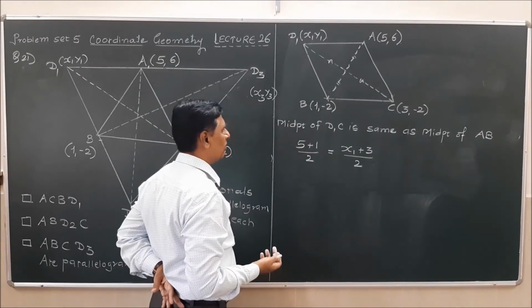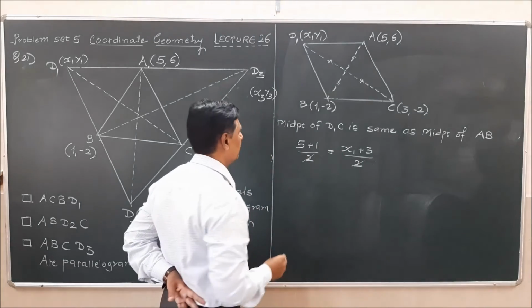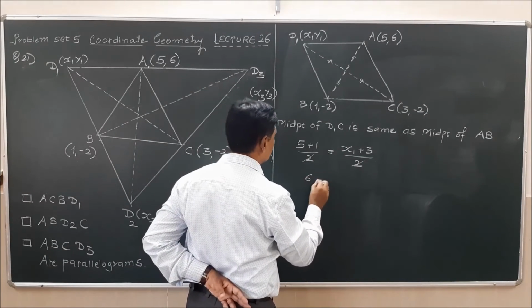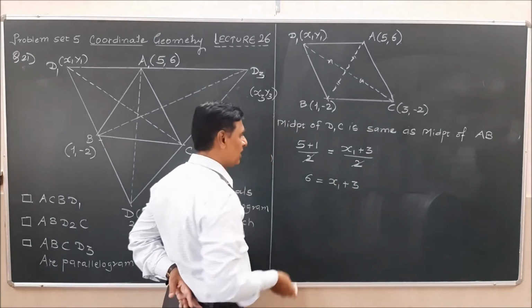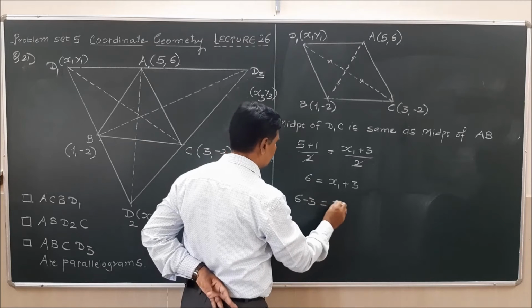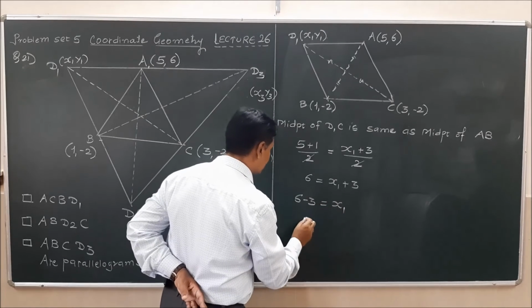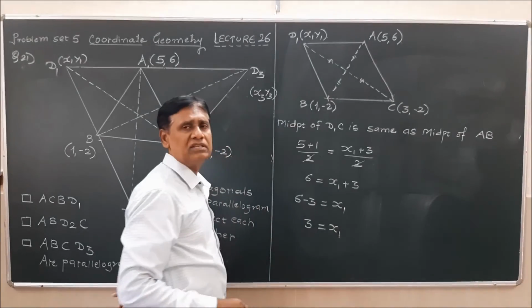Naturally, what will happen now? These 2 and 2 will get cancelled. So I'll get 6 is equal to x1 plus 3. So I can transfer: 6 minus 3 is equal to x1. So 3 is equal to x1.